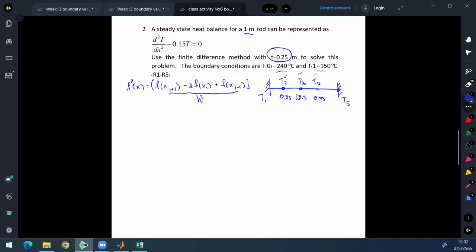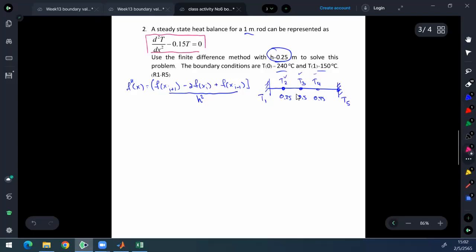So for this case, we will derive the equation first. From this equation, we have T i plus 1 minus 2 T i plus T i minus 1, divided by h squared, minus 0.15 T i, equal to 0.